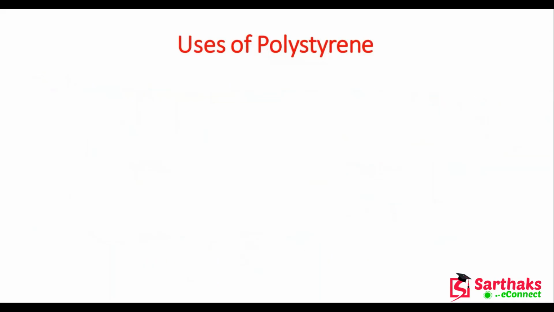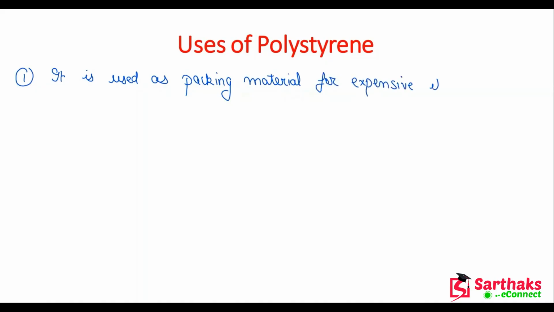Now we are going to discuss the uses of polystyrene. The very first use of polystyrene is that it is used as packing material for expensive items such as refrigerators, TVs, cell phones, and other fragile objects.